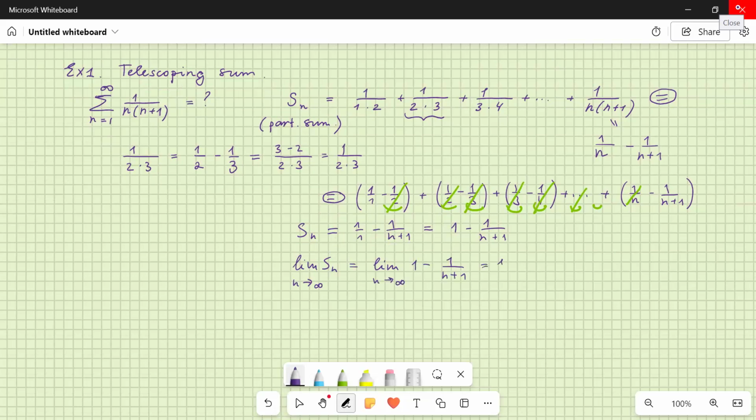The limit of 1 is still 1. The limit of the second expression when n goes to infinity will go to 0, right? So my partial sum is going to go to 1 if n goes to infinity. But if I go back to my series, it's the whole sum of the series. So this series has a sum and the sum is equal to 1. You see?